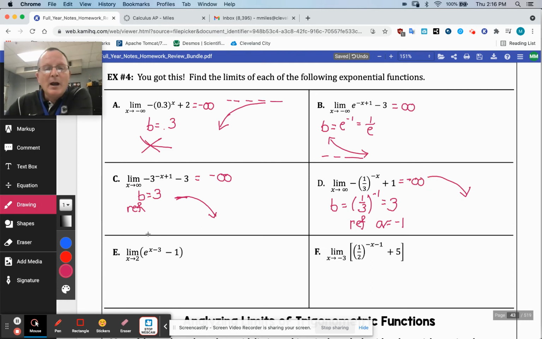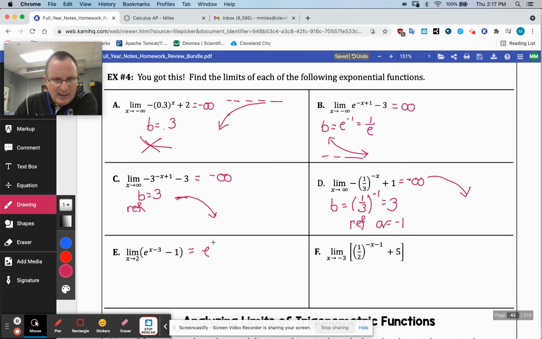Okay. Parentheses all of a sudden. Oh, yeah, so we're approaching 2. Well, the good thing is this isn't an asymptote or the end behavior at all. This is just flat out substitution.